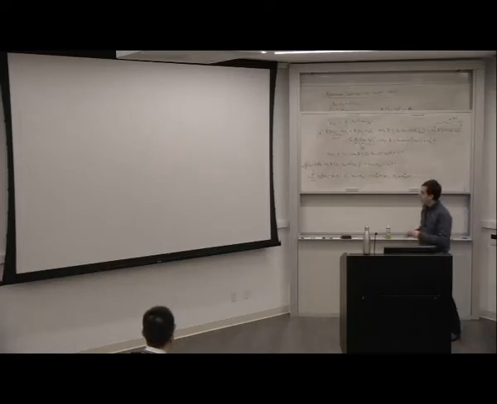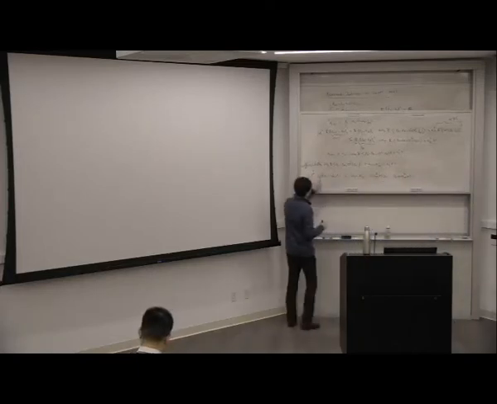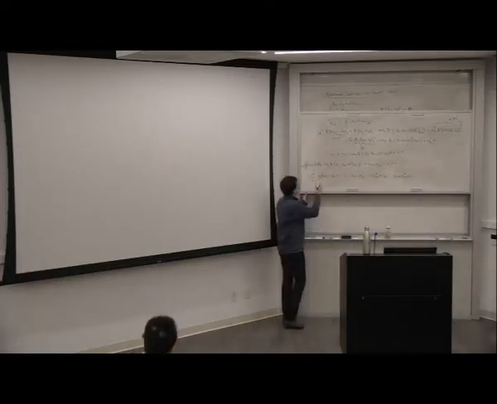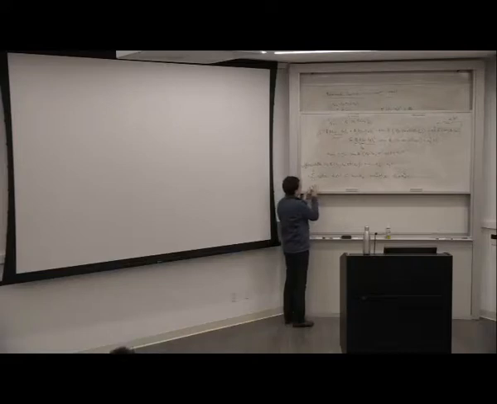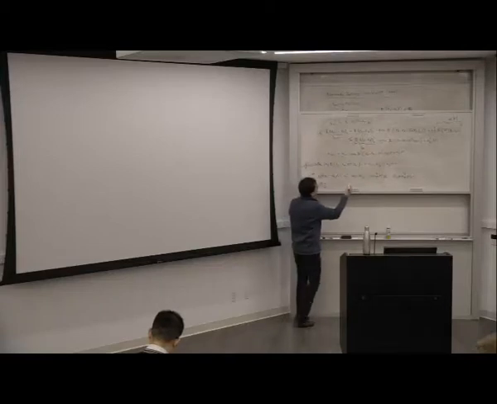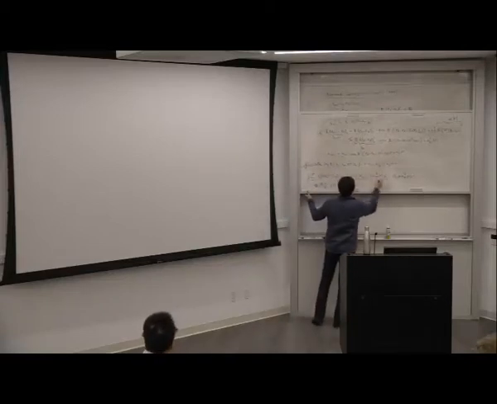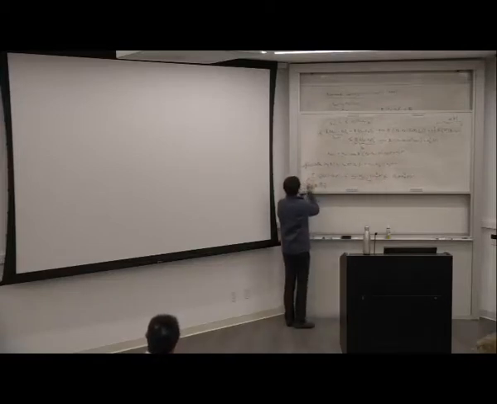And then here is the nice thing. This is the summation of alpha t f of xt. Because it's a convex function, this is going to be larger than f of the average.